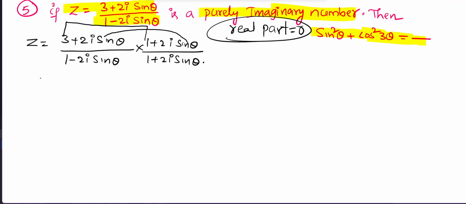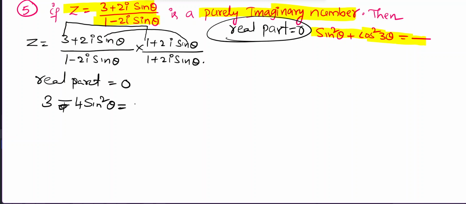So 3 into 1, that is the real part is equal to 0. That is 3 into 1, 3 plus 2 sin theta into 2 sin theta, that is 4 sin square theta. So i into i gives minus, this is minus 4 sin square theta.